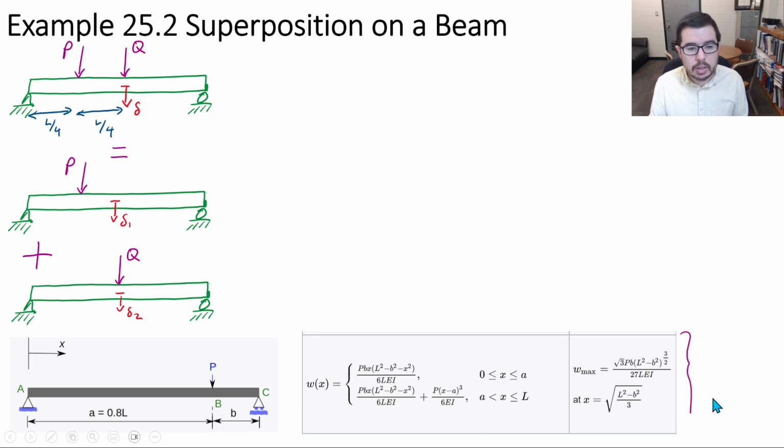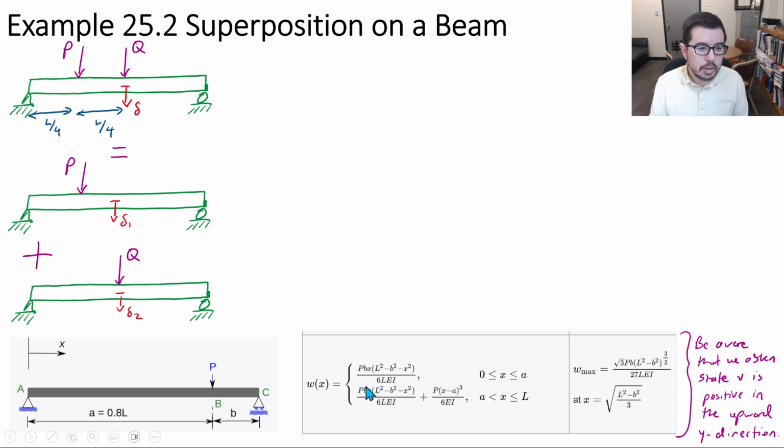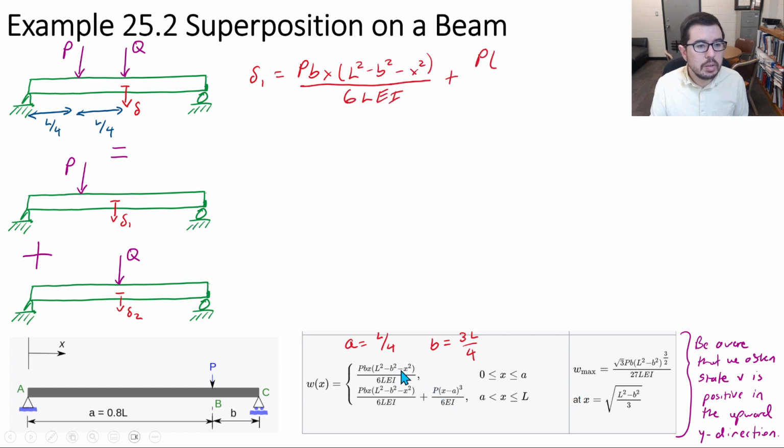And once again, we want to just be aware that we often state V is positive in the upward y direction, so that these would be going negative. And in our case, we're going to say that we have A equals L over 4 and B is equal to 3L over 4. And which one am I referring to in that? I'm saying this case right here. So now for delta 1, we can write out this expression that we have right here. Sorry, it's this one.